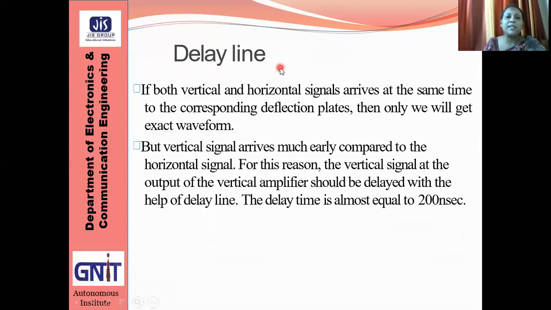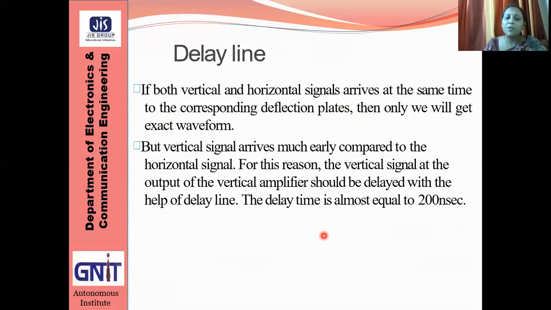Next section is the delay line. Let us elaborate what the delay line is. Again, if both the vertical and horizontal signals arrive at the same time at the corresponding deflection plates, then only we can get the exact waveform. But the vertical signal arrives much earlier as compared to the horizontal signal, as there are so many internal circuits involved.